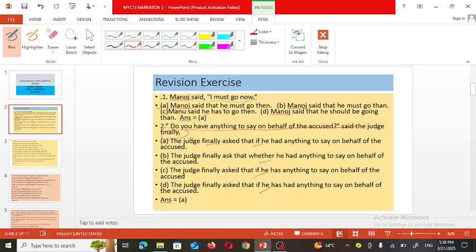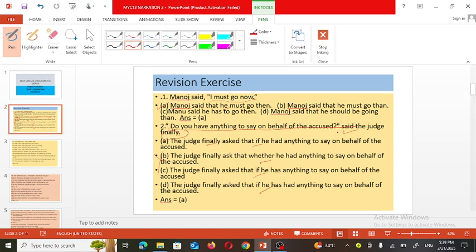Now this is a question asked by the judge. As said is used, ask should be written in its past tense, asked. So in these options you are able to see asked, which means the second option won't be the answer. Now we have to consider these three.